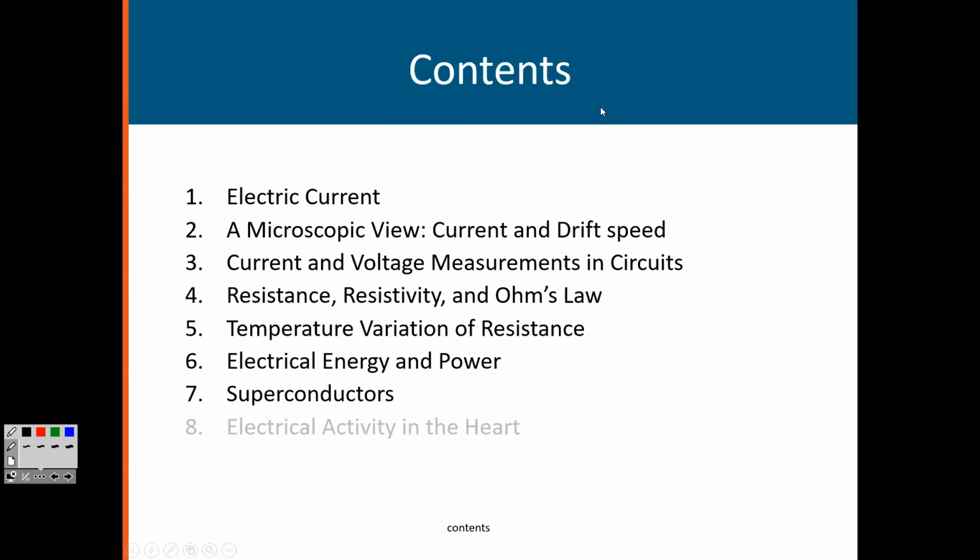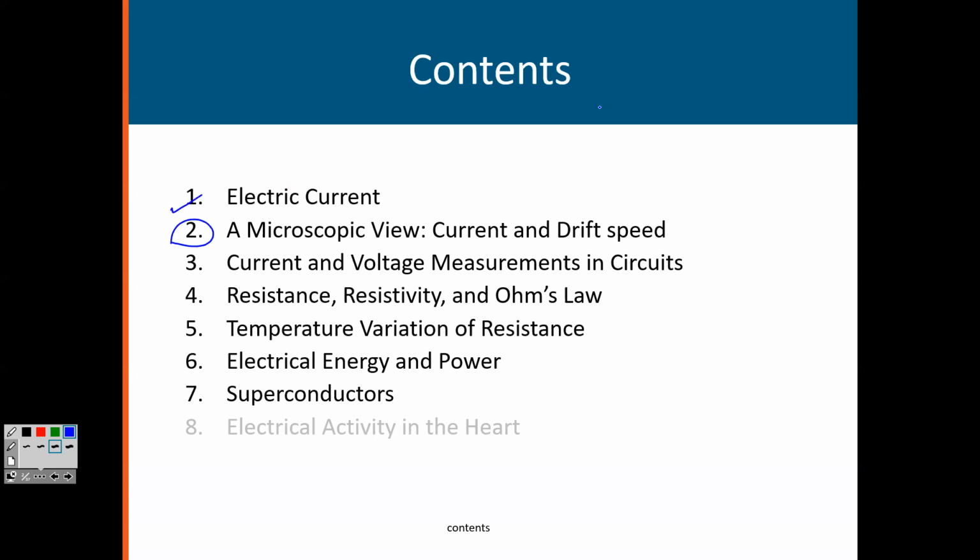We'll start by defining what electric current is. Okay, let's check section 1. We'll have some equations that go with that, the definition of the current and one more equation. Then we look at the microscopic view. I mean, we go into the atomic scale and look microscopically at what happens when the current is flowing, the charge is flowing.